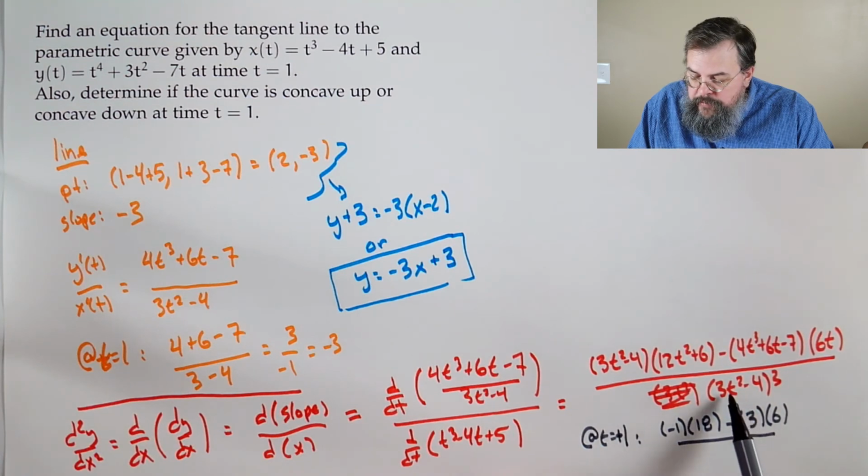Divide by 3 minus 4, which is minus 1, cubed.